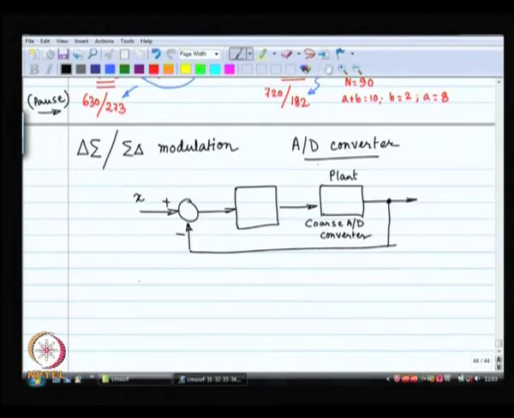The coarsest A to D converter that you can possibly think of is a 1 bit A to D converter. It is usually quite popular to put a 1 bit A to D converter as the plant over here. Why 1 bit? Because a 1 bit A to D converter is trivial, it is extremely easy to build a 1 bit A to D converter, that is why.